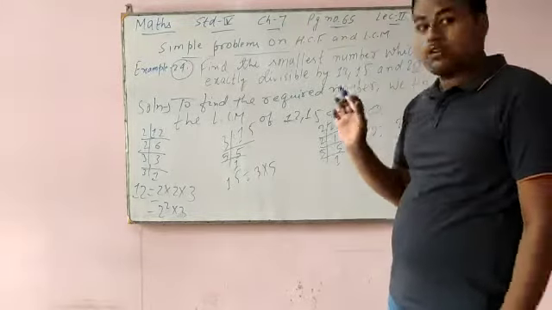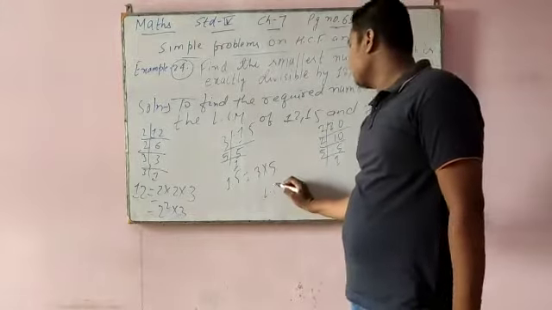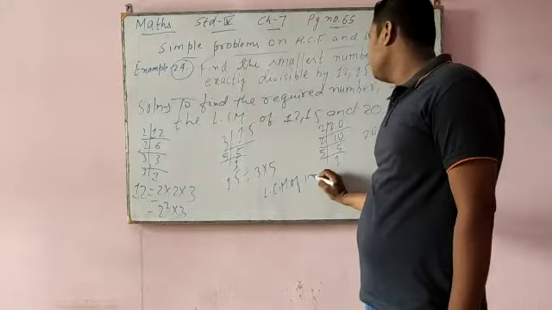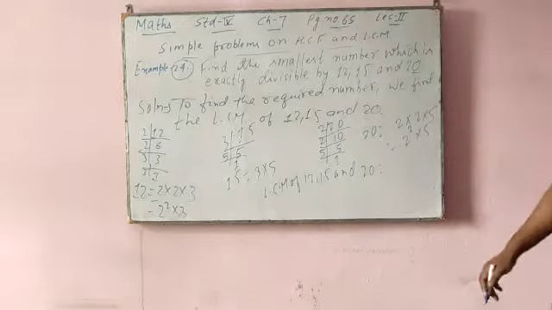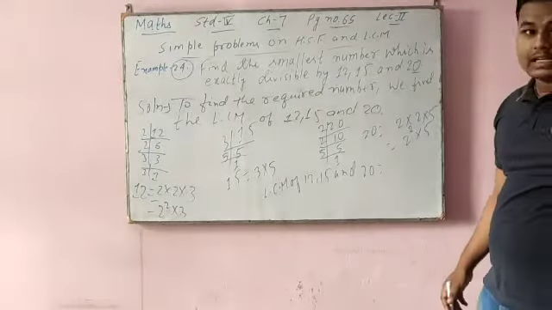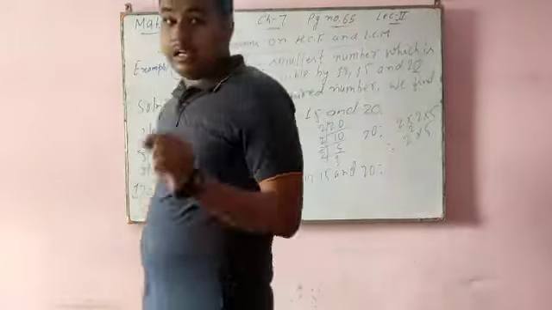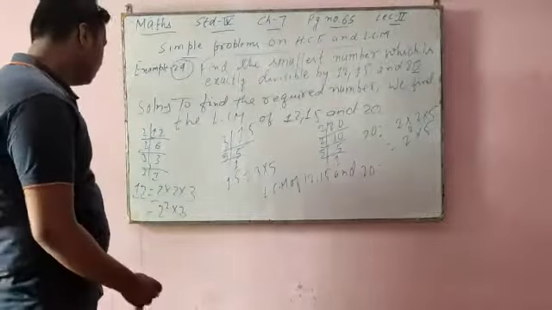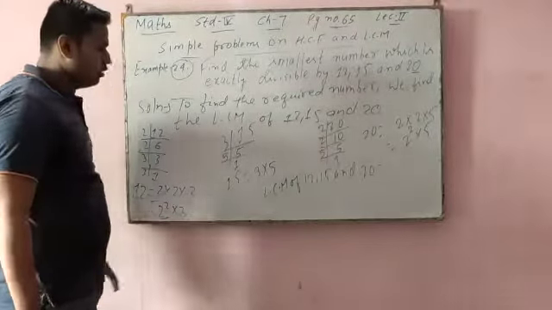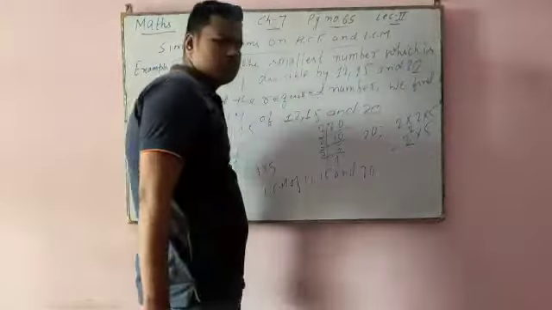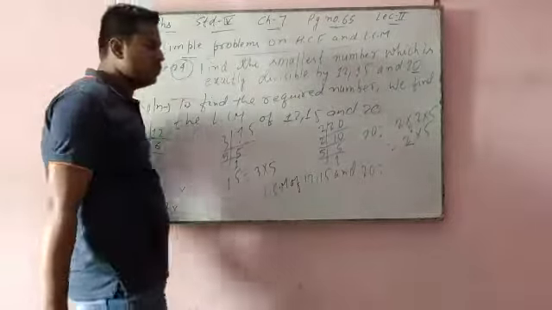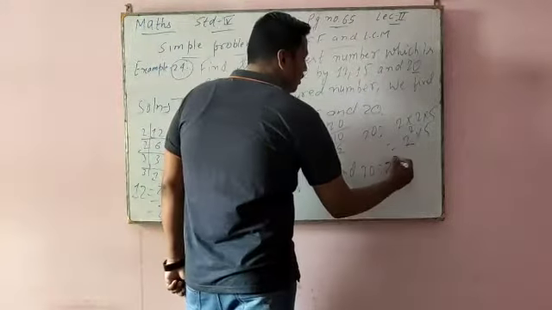Okay. So first we will find the LCM. LCM of 12, 15 and 20 will be what? I told you in LCM you have to write least common multiple. So see, in this there is 2 to the power 2, in this also 2 to the power 2. So the common number is there, so we will take any one because both powers are the same.